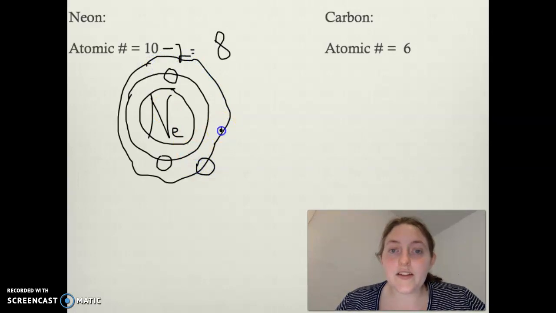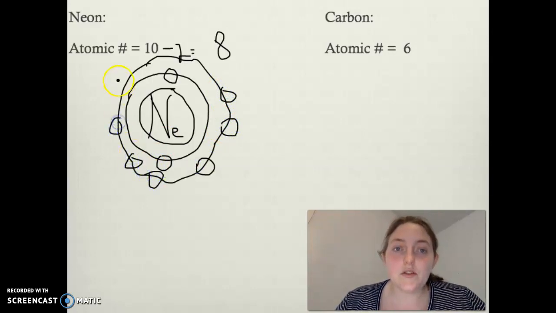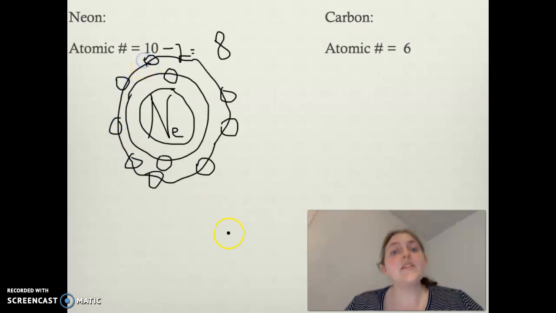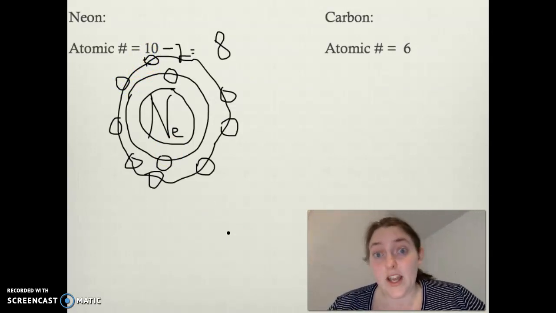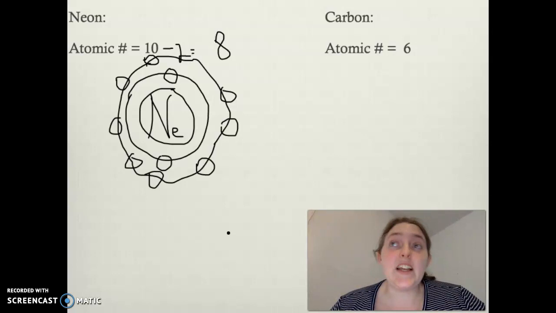And we can fill this up with those 8. Now this is a content atom. It's full. Its outer shell is perfectly content.